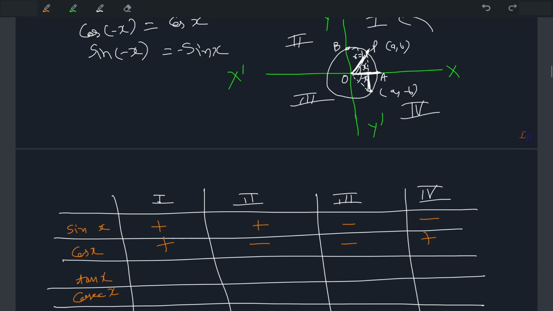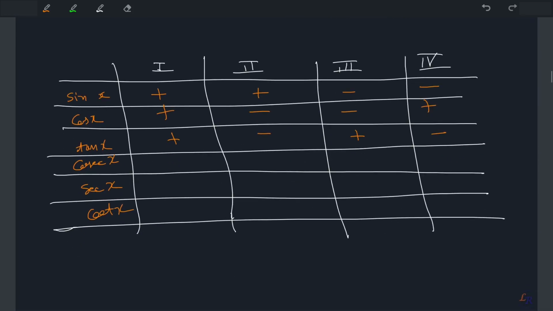Similarly for tan, which is a ratio, it follows the combination: plus, minus, plus, minus. For cosec x, which is the inverse of sine, it follows the same pattern: plus, plus, minus, minus.